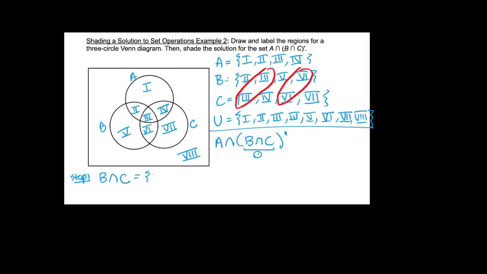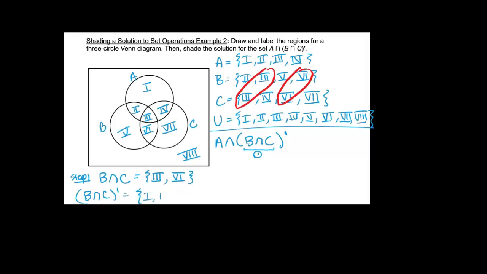So 3 and 6. Okay, and then the next thing we're going to do is find the complement of that. So B intersect C complement is whatever's in the universal set that's not included in B intersect C. So if B intersect C has 3 and 6, then I'm going to list all of the other numbers except 3 and 6.